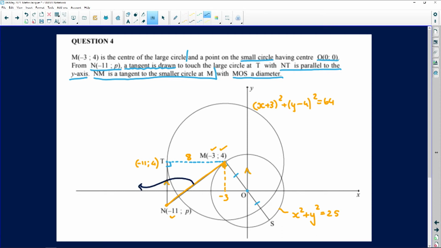The equation of that tangent was y = 3/4 x + 25/4, the equation of my tangent MN. Okay, so let's see what they want us to find next.